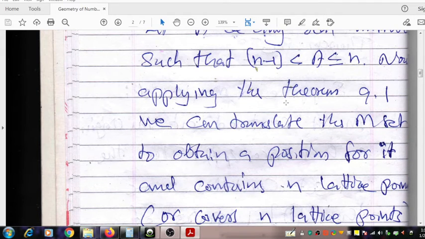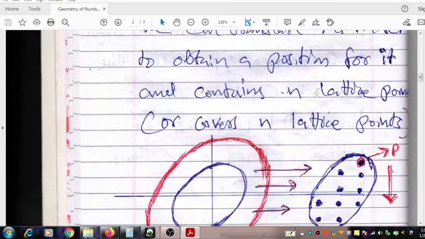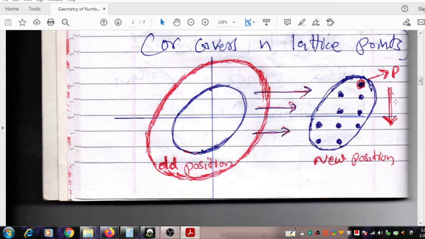That previous theorem is theorem 9.1. So by applying theorem 9.1, we translate it to a new position, which ensures that there exists a specified number of lattice points. But by chance, one of the lattice points may be on the boundary of the newly positioned M set.